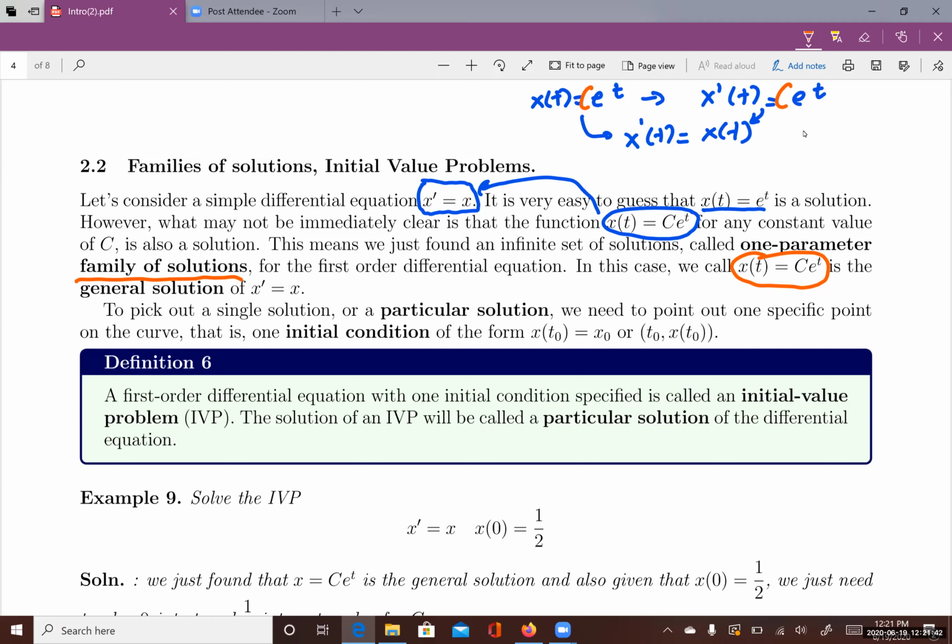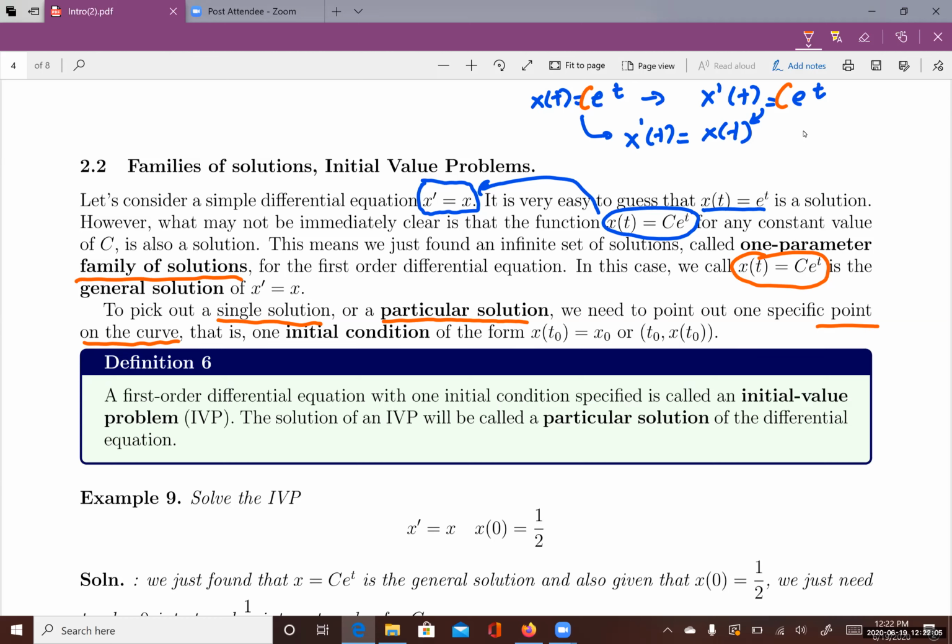Well, once we have a general solution, can we pick out a single solution? The answer is yes. You can pick out a single solution, or a particular solution, if you can specify a point on the curve of the unknown function.